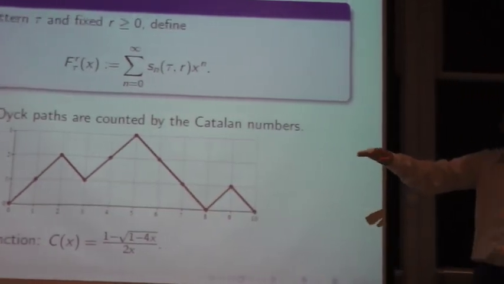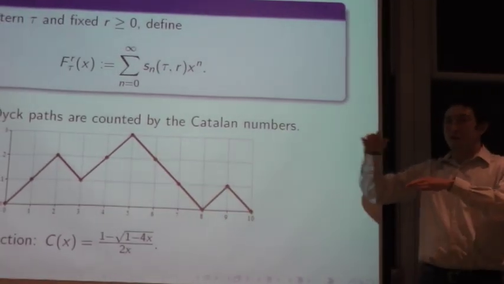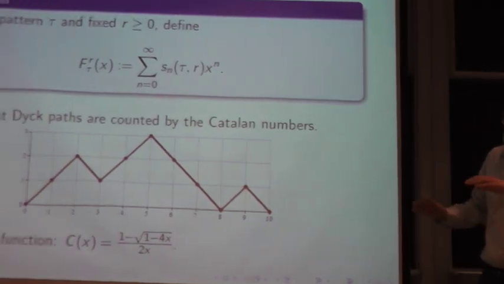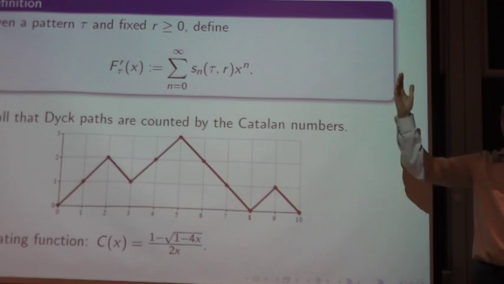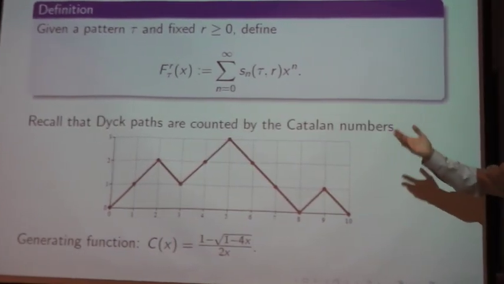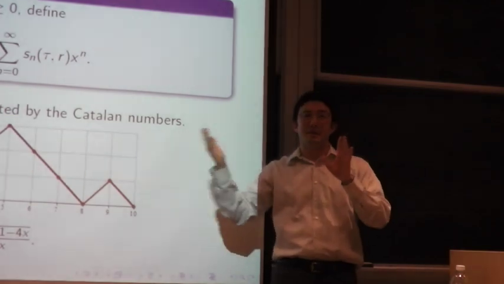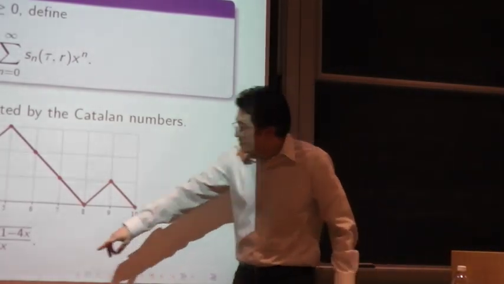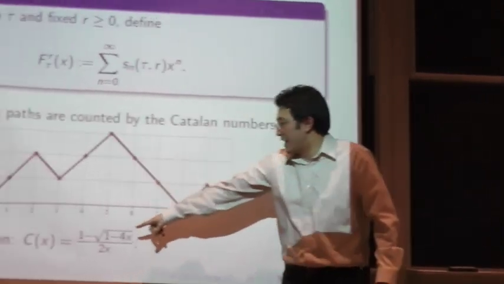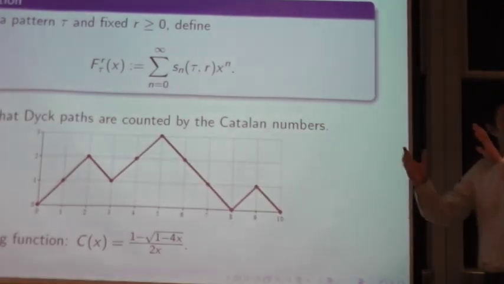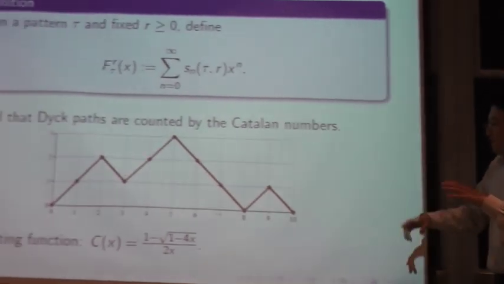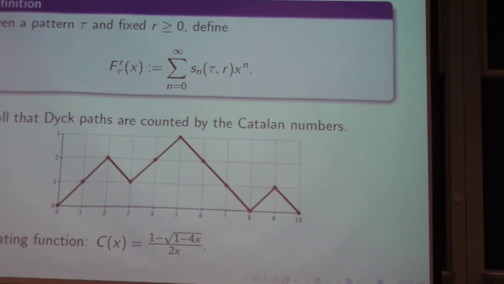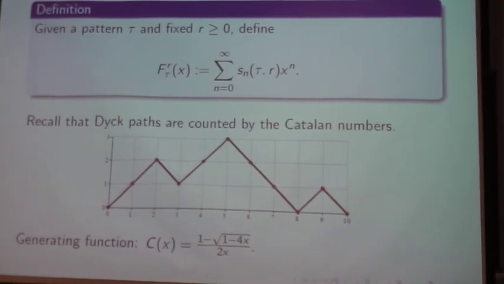They start at height 0, end at height 0, and never go below the x-axis. The number of Dyck paths of length 2n is counted by the nth Catalan number. That would be relevant in this portion. Also relevant is the generating function for the Catalan numbers. I'll denote it c of x, or most of the time I'll just write c.